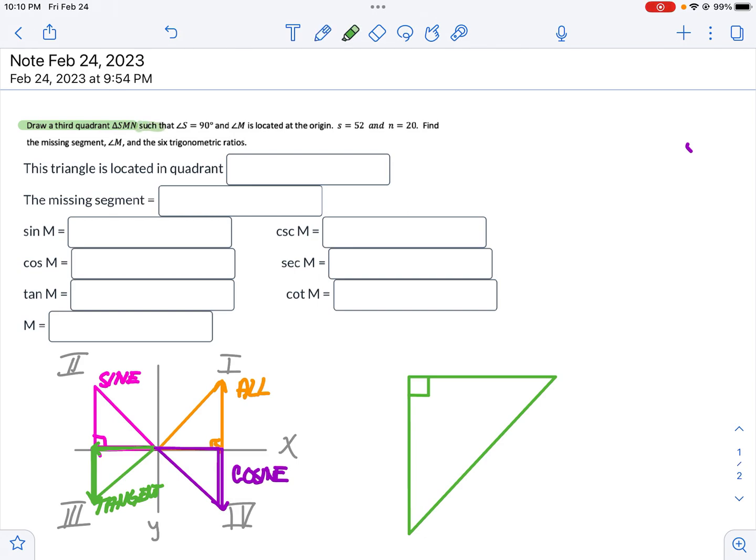Okay. It tells us that S is 90 degrees and the segment S is 52. So it tells us at 90 degrees we're going to label S, and it tells us straight across from S is segment S, which is 52.